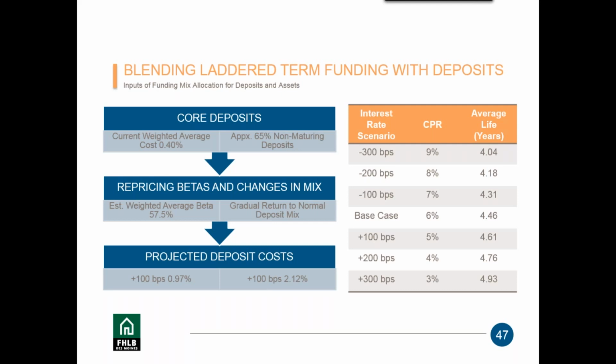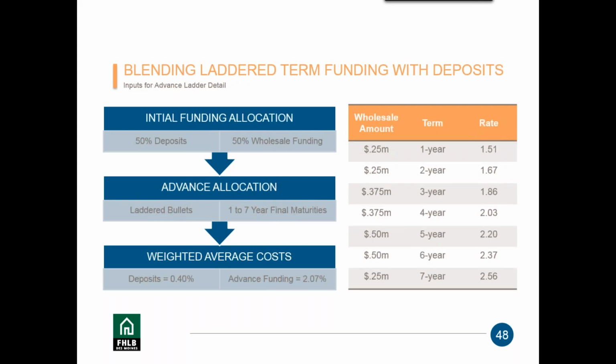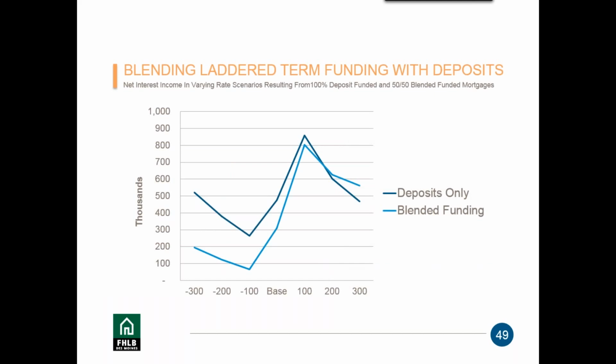So we're going to assume an average beta in the deposit portfolio of 57 basis points. Then finally, I'm going to summarize additional inputs. We're dynamically going to model the $5 million asset by being funded with $2.5 million again in deposits, with a weighted average cost of 40 basis points, and $2.5 million with advances with a weighted average funding cost of 207.